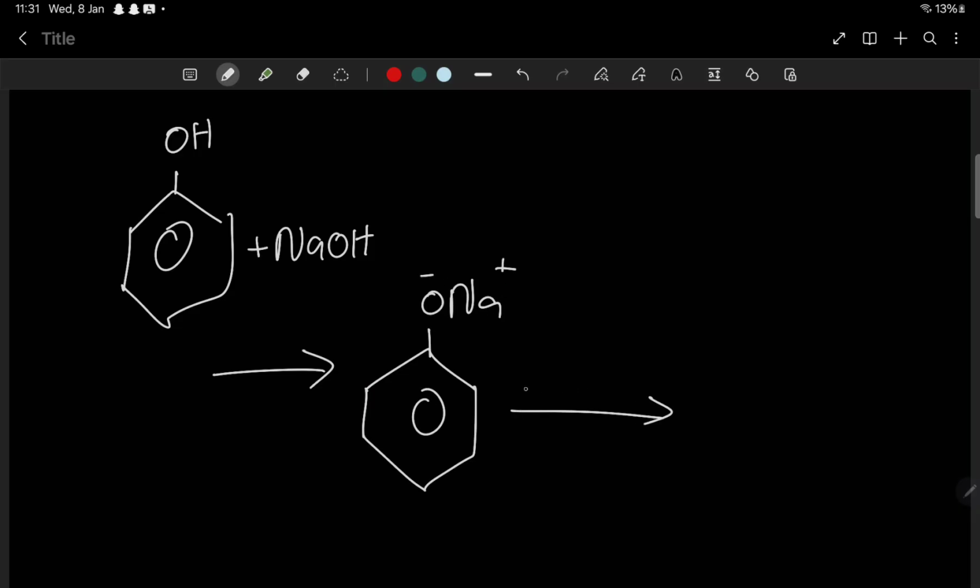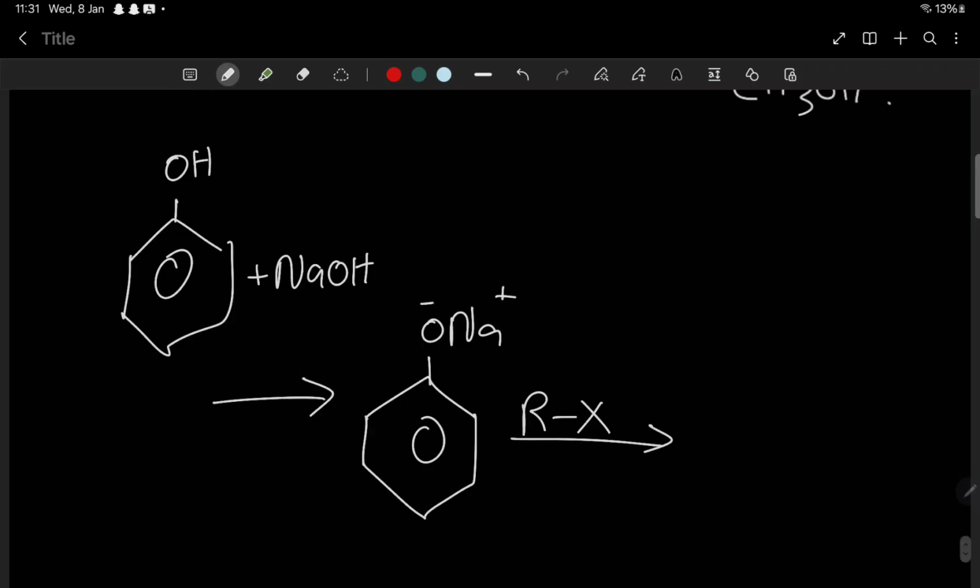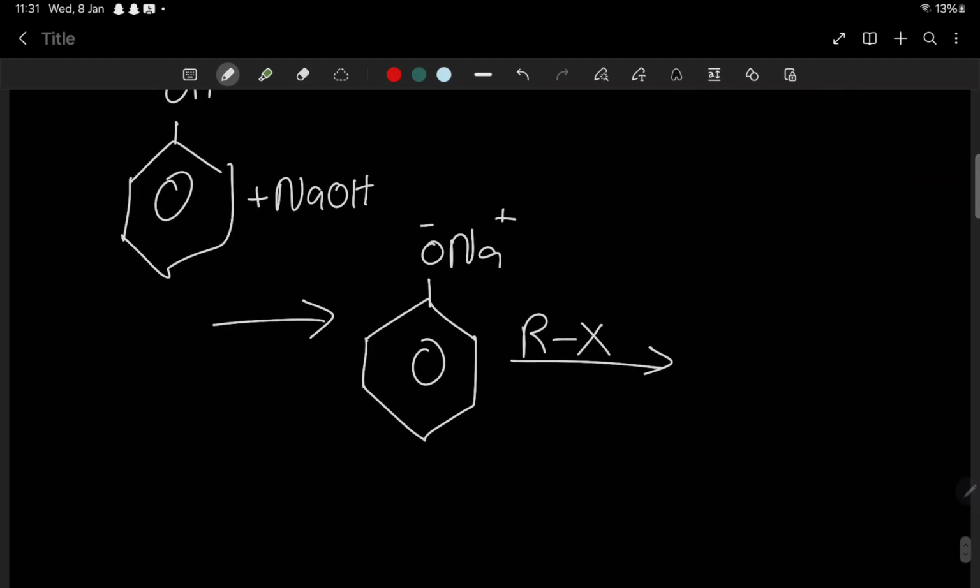Into this add RX. Only primary we can add. Don't add secondary or tertiary; it will result in other compounds. Both can be equal, primary and primary can be added. If you add a tertiary salt and a primary alkyl halide, that's also possible.